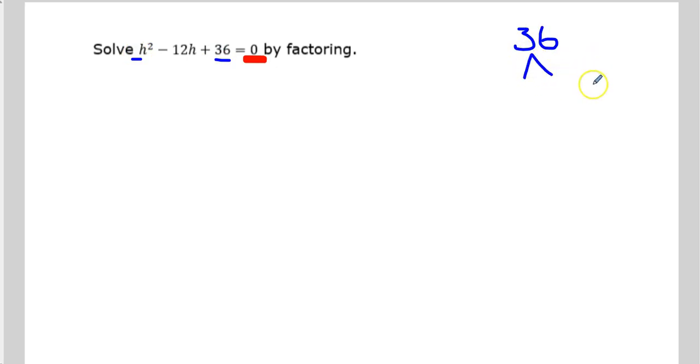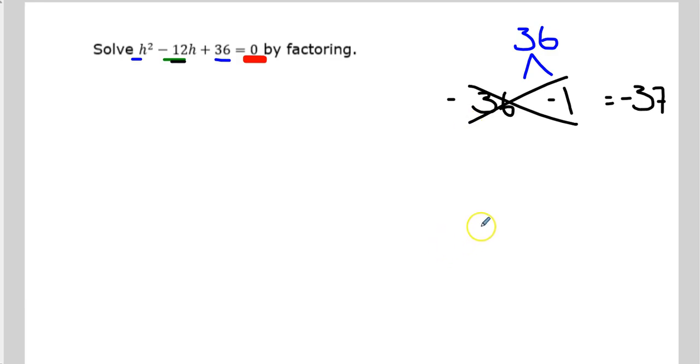Now I want factors of 36 that add up to the number in the middle. So they multiply together to give me 36 and add to get negative 12. Well, I have 36 times 1. And I need a negative, so they both need to be negative. These add up to negative 37. But I want negative 12, so these are no good. Let's try a different set.